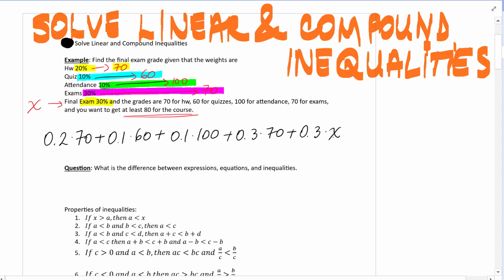I want to find it, to get at least, so at least means greater than or equal to 80. So at least 80 means you want 80, 81, 82, and so on.